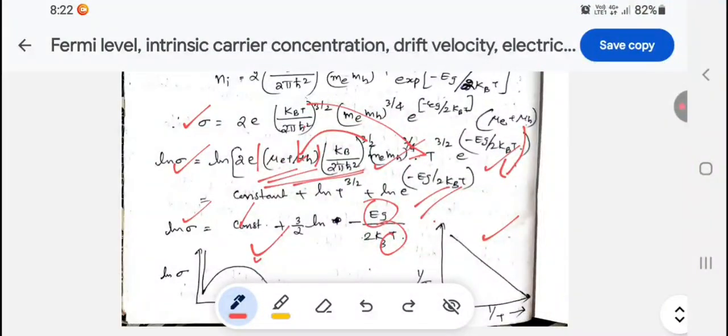So these are the value of the Fermi level in terms of carrier concentration and total intrinsic carrier concentration for an intrinsic semiconductor, drift velocity, electrical conductivity and variation of electrical conductivity with temperature.